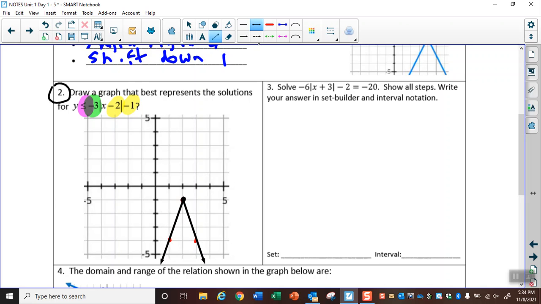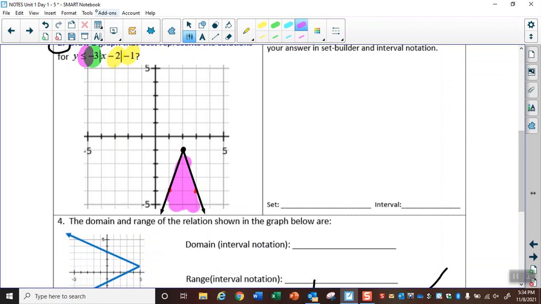And it's going to be less than, so I'm going to shade below. And then what you're going to do is check out your answers on Desmos. All right, just type that into Desmos and see if it matches this graph.